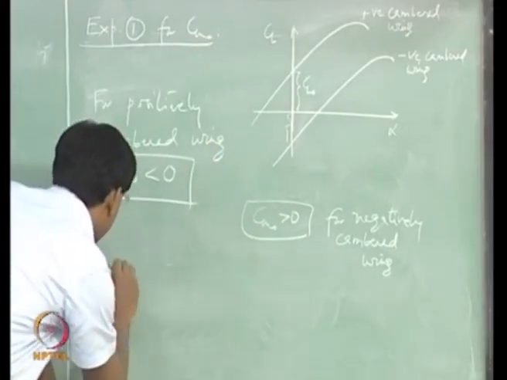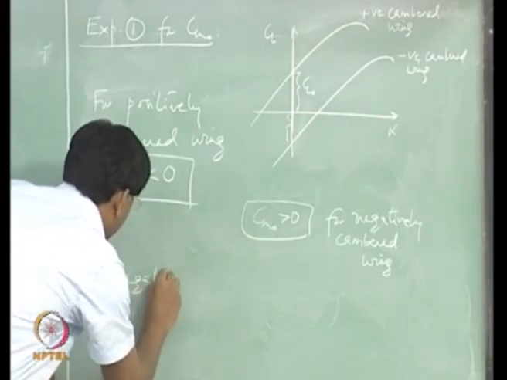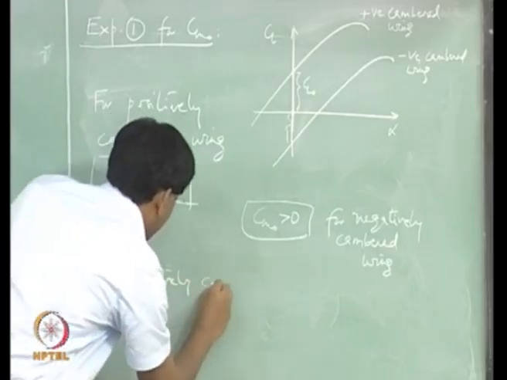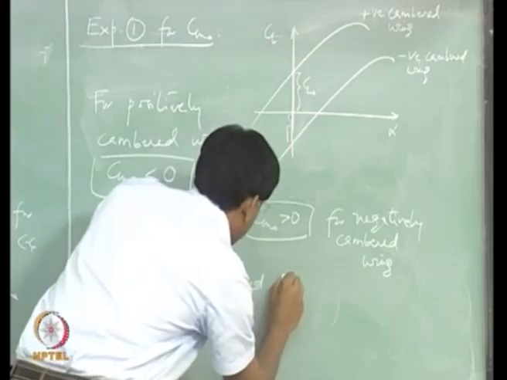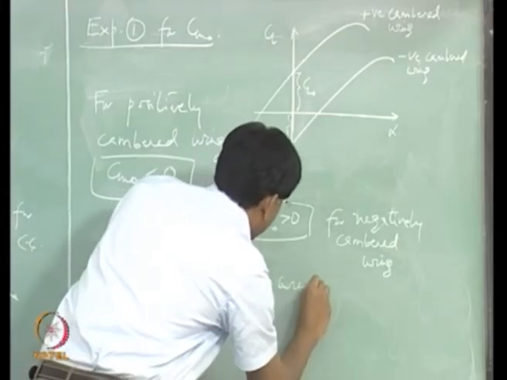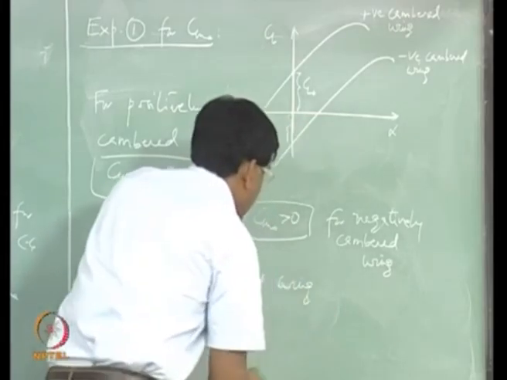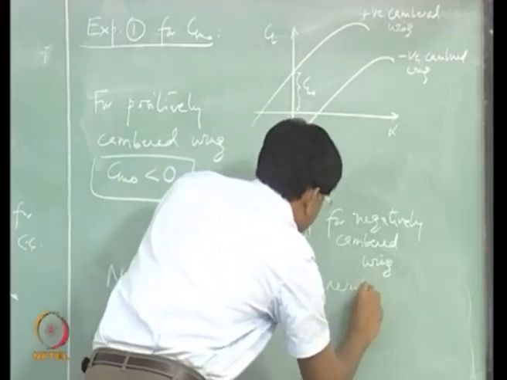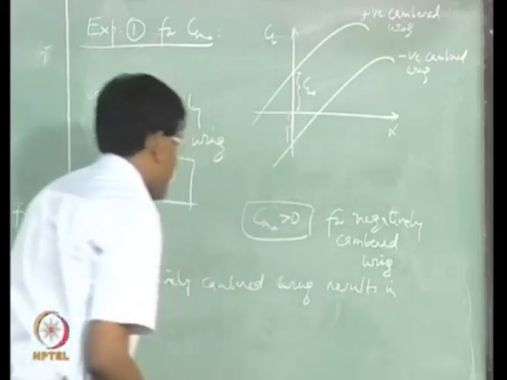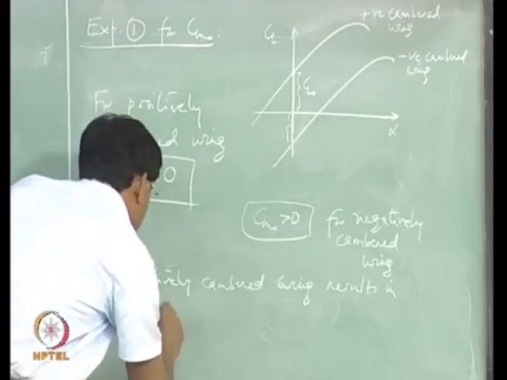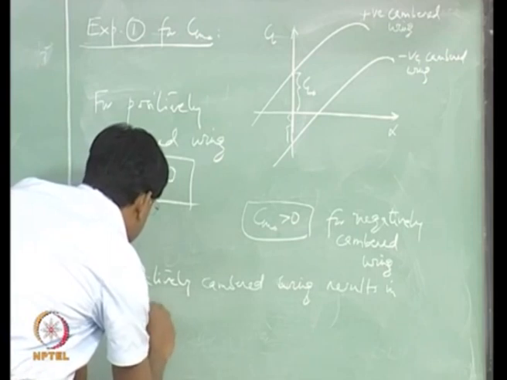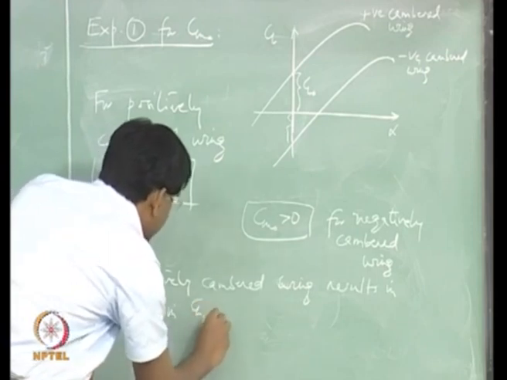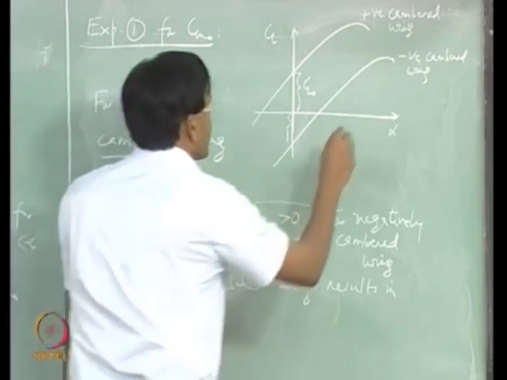Negatively cambered wing results in loss in CL max, which is clear from here.